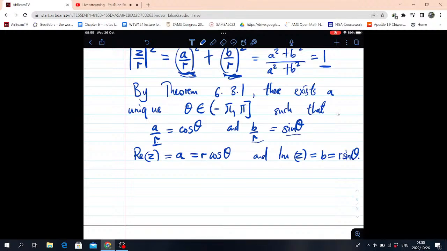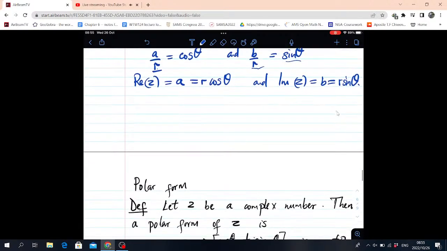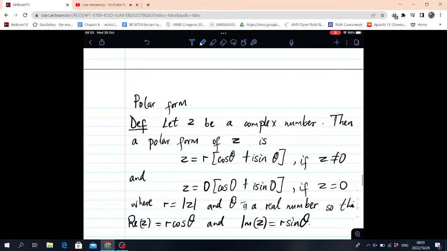Now because we've got this nice theorem that tells us that for any non-zero complex number we can find this theta such that this happens, we can define the polar form of a complex number. Let z be a complex number.